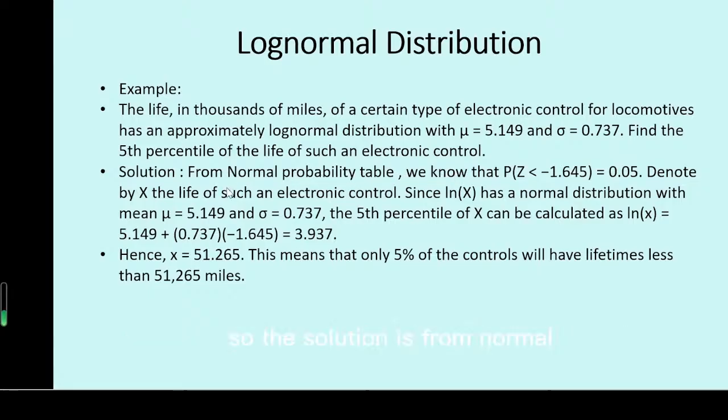So the solution is, from the normal probability table, we know that the probability of z less than minus 1.645 is 0.05. So we find the z value first for the normal distribution which gives the cumulative probability 0.05. So this z value is minus 1.645.